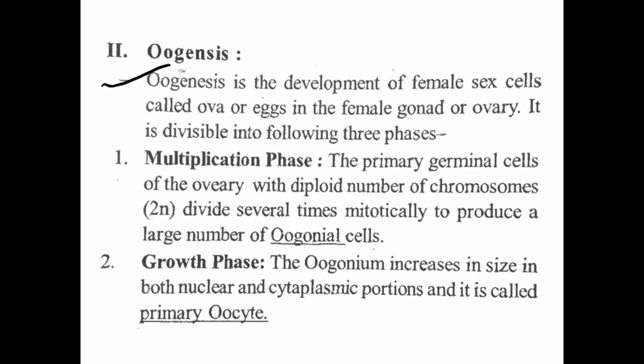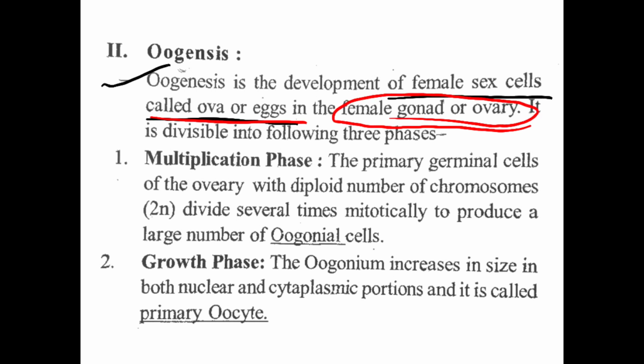Oogenesis is the development of female sex cells, called ova or eggs, in the female gonad, the ovary. It is divisible into the following phases.